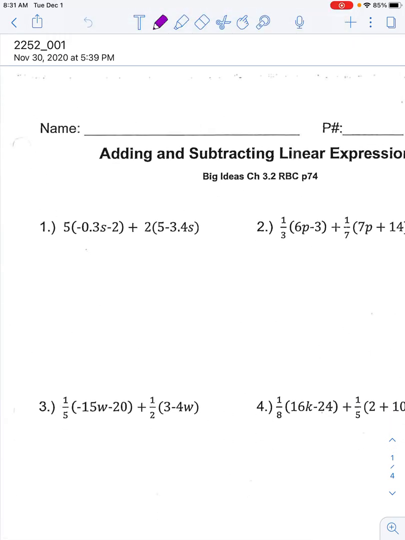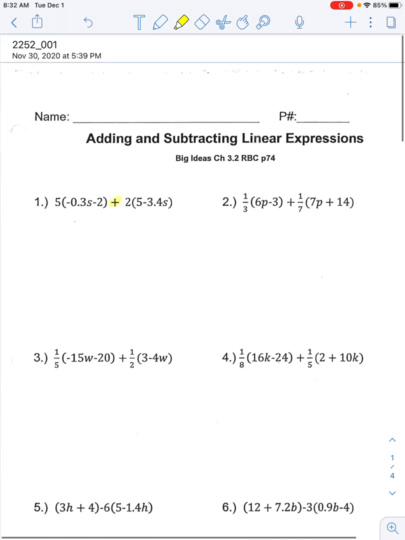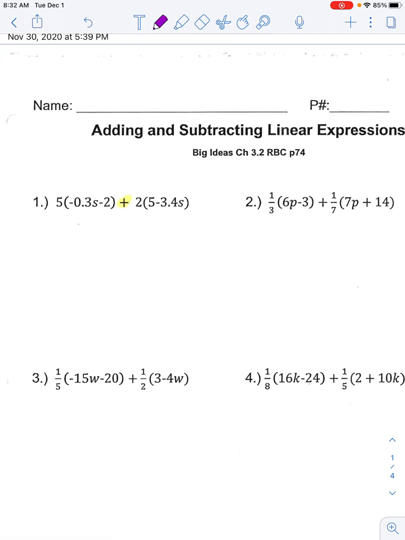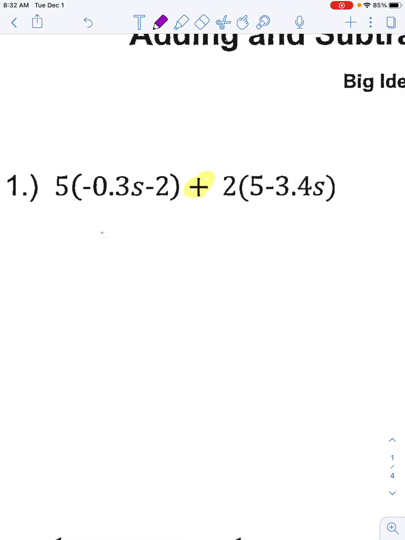Okay, we are still adding and subtracting linear expressions. On number 1, remember the first thing that we are looking for is the sign in between the two parentheses. It's addition, so we do not have to worry about distributing with a negative quite yet. Number 1, we're going to distribute 5 times a negative 0.3s. 5 times a negative 0.3s is a negative 1.5s. 5 times a negative 2 is a negative 10.